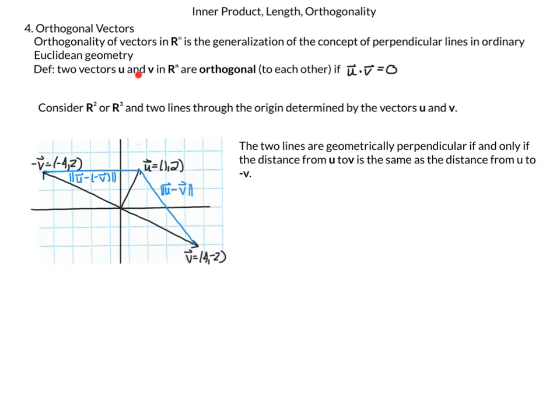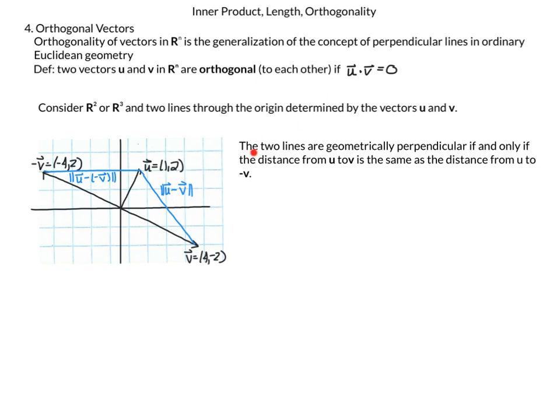We're going to look at this definition in R2 and show that it's true that two vectors are orthogonal, or perpendicular, if u dot v equals 0. So again, we're going to consider R2. We're going to look at two lines through the origin determined by the vectors u and v. And what we are going to use is this fact from geometry, which you probably haven't looked at in a few years.